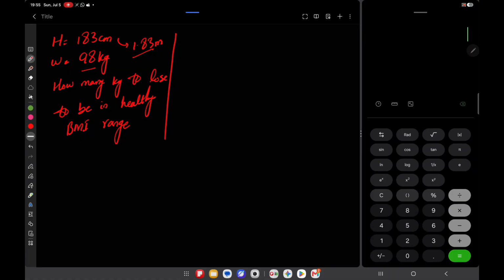Weight is 98 kg. So we have to find how many kg to lose to be in the safe range of BMI. For that purpose, we must know the BMI formula, that is BMI is equal to weight in kg divided by height square, and height unit should be meters.